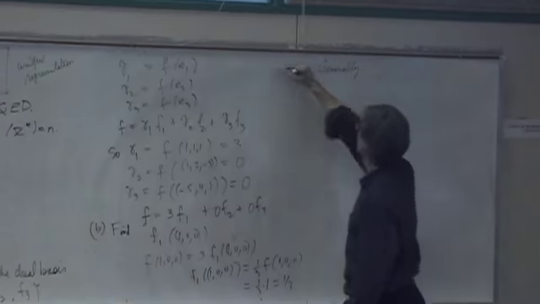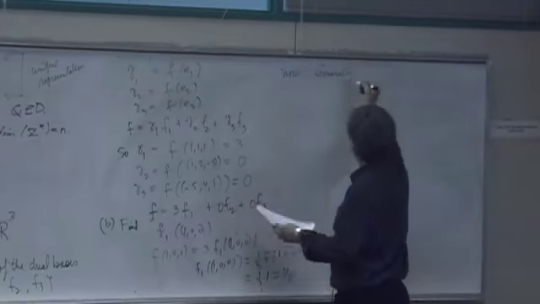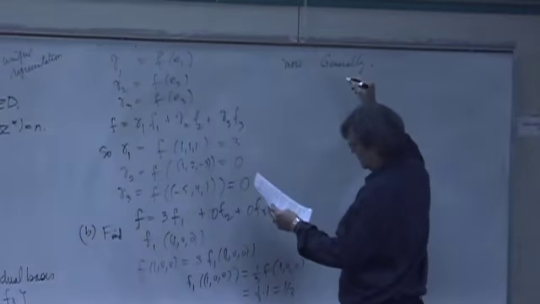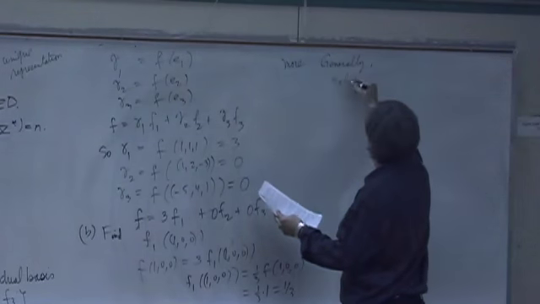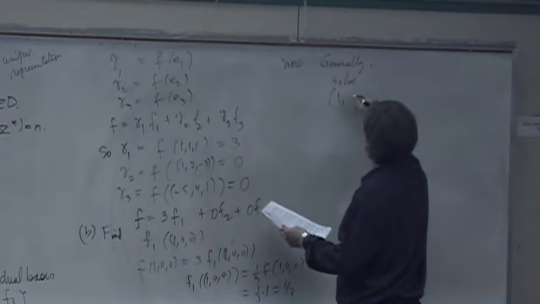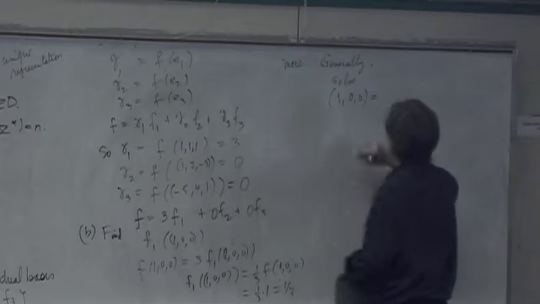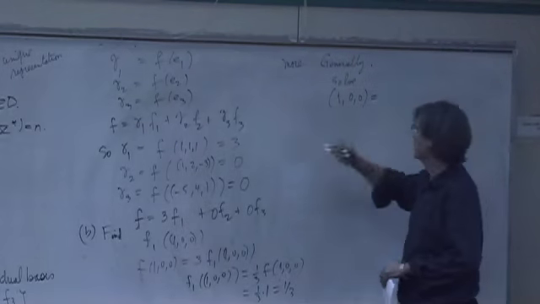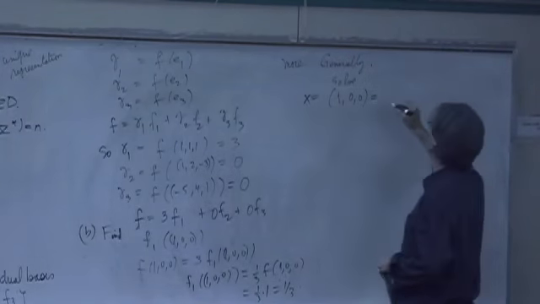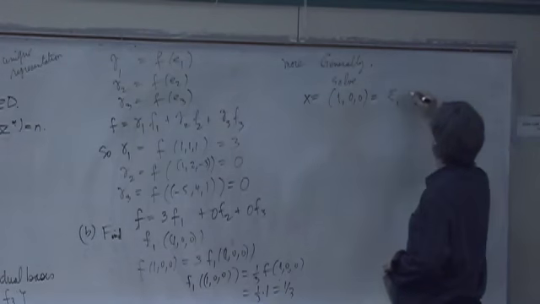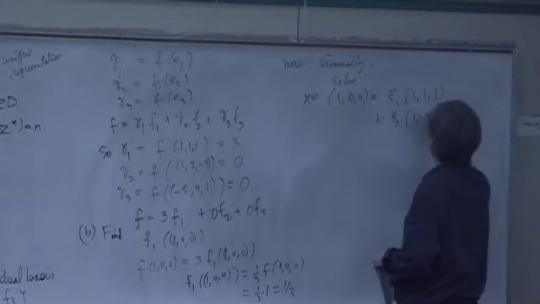More generally, then you would solve for the coordinates of 1, 0, 0 relative to the basis. You'd solve x equals 1, 0, 0 is equal to c1 times 1, 1, 1 plus c2 times 1, 2, minus 3 plus c3 times minus 5, 4, 1.